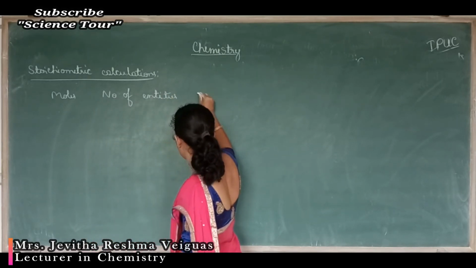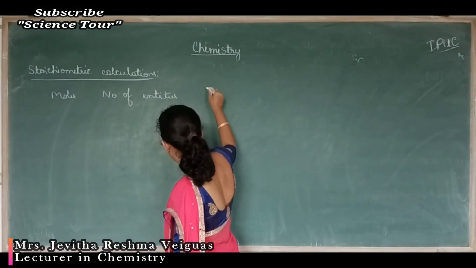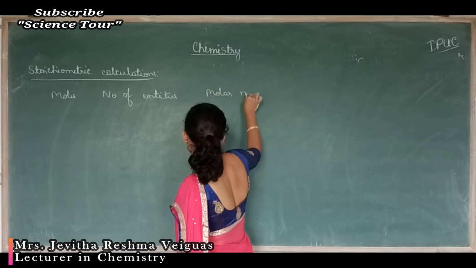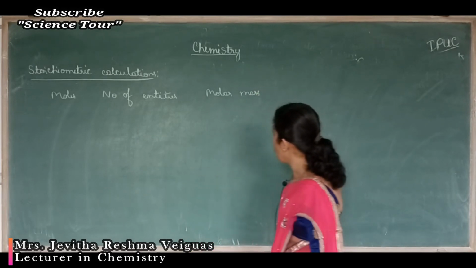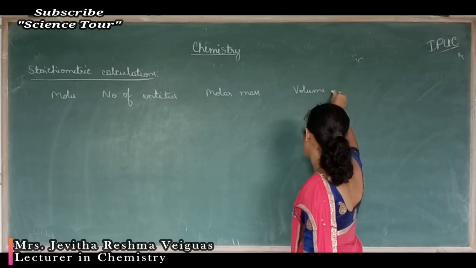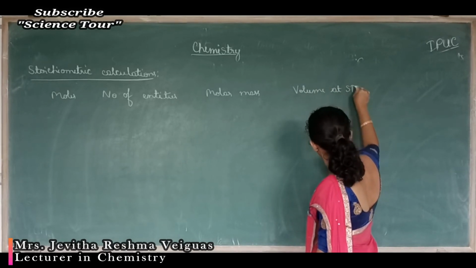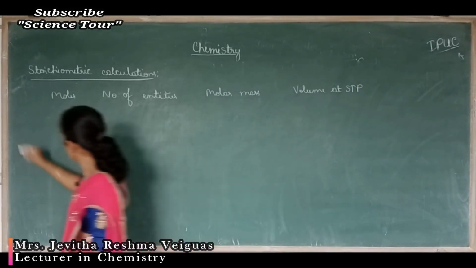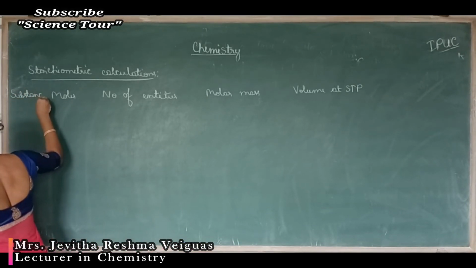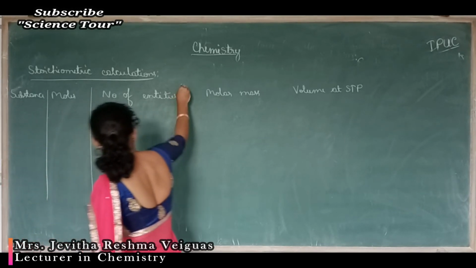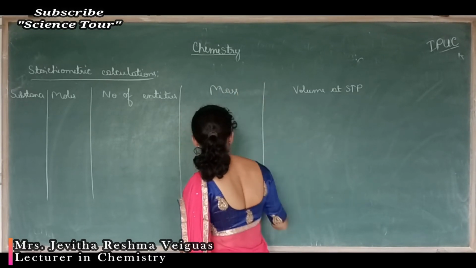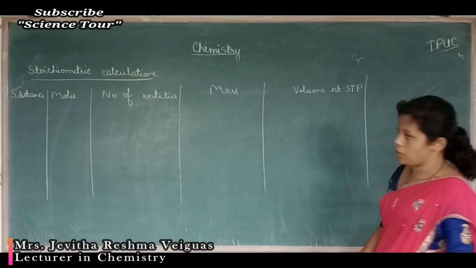We can even relate the number of entities to molar mass. We can also relate it to volume at STP. Means we can relate any substance moles into number of entities. From that we can relate it to mass and we can even relate it to volume at STP.